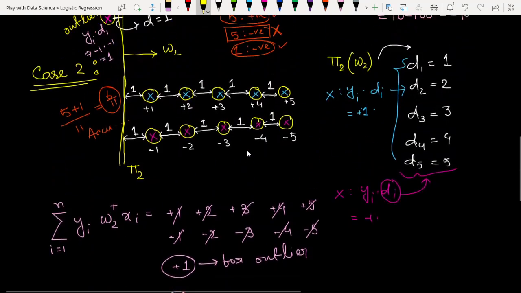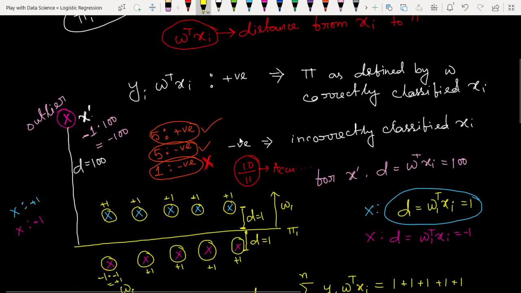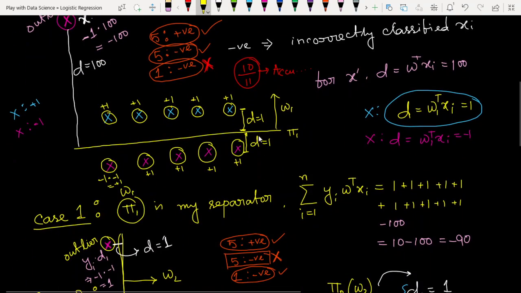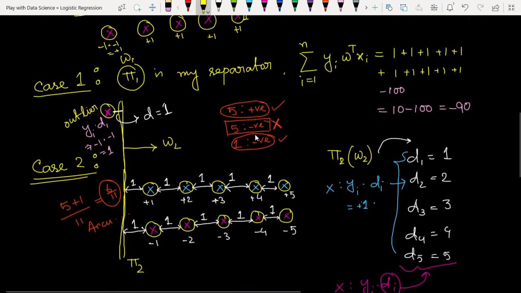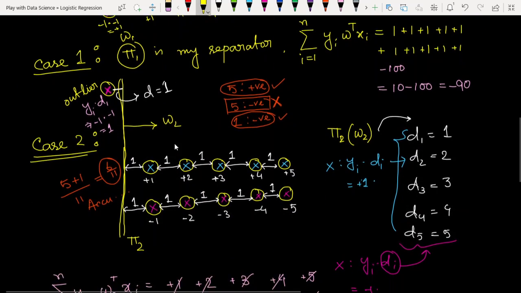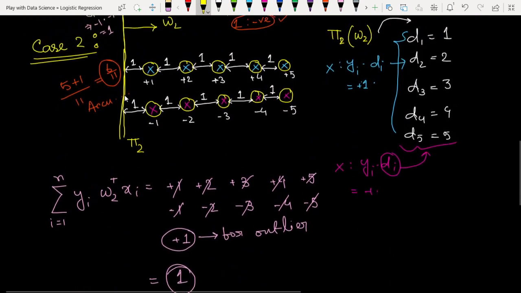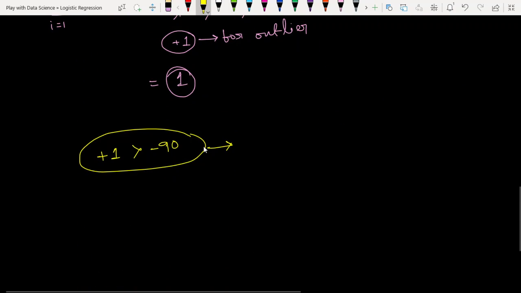Geometrically, the case 1 plane is better and its accuracy is better. But in case 2 accuracy is lower, yet the summation value of the signed distance for case 2 is greater than in case 1.